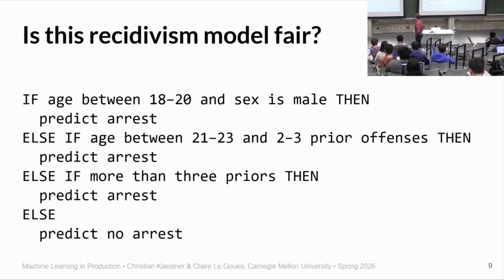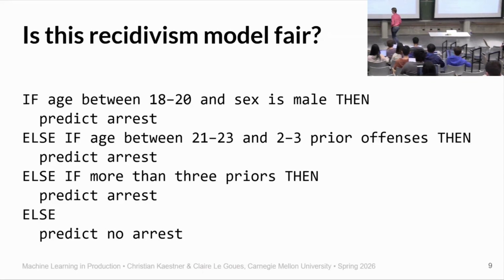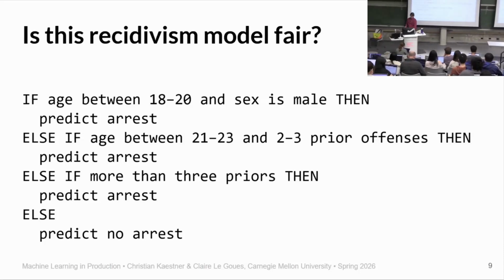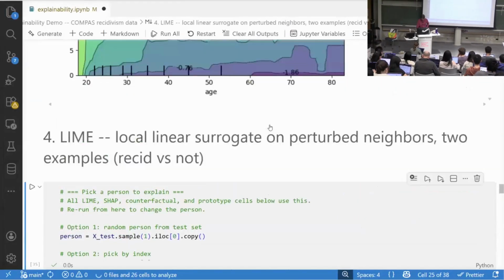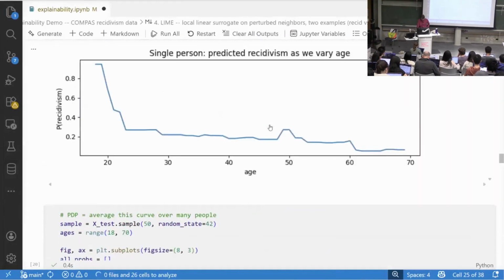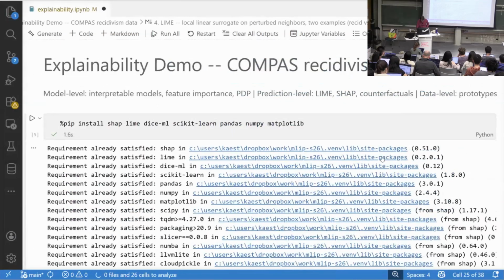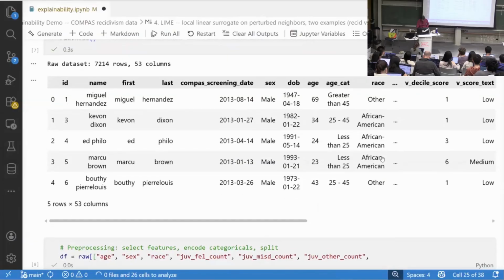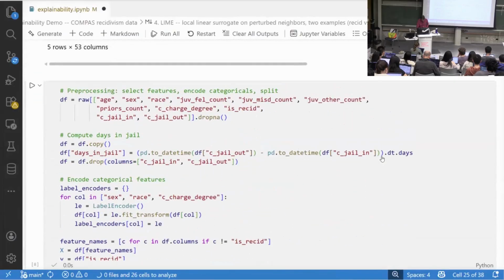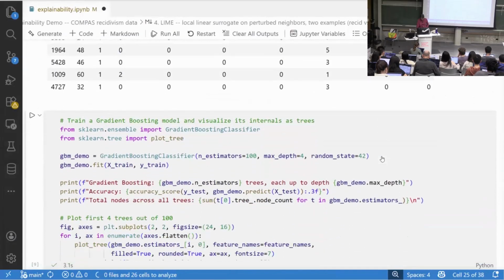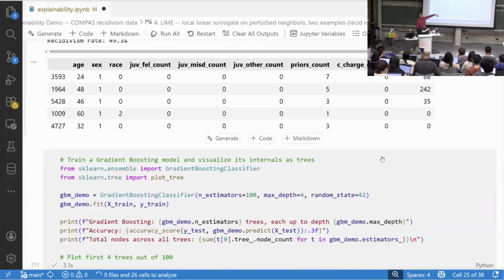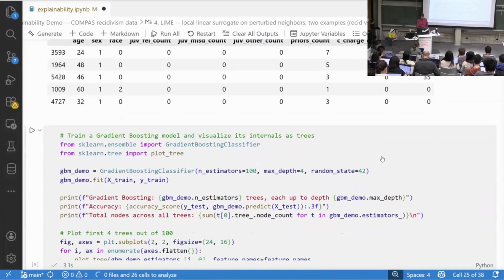That's not the case when you train something more complicated. So I've taken some data here. This is preparing the data. This is some public data set that a lot of people look at, that the researchers originally used for discussing bias here.